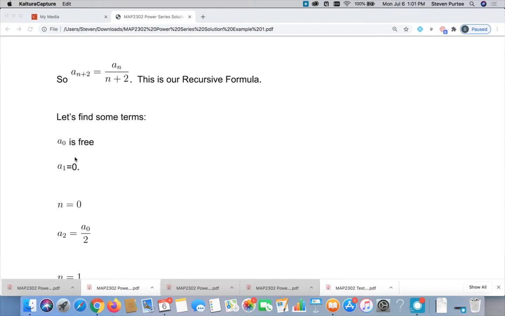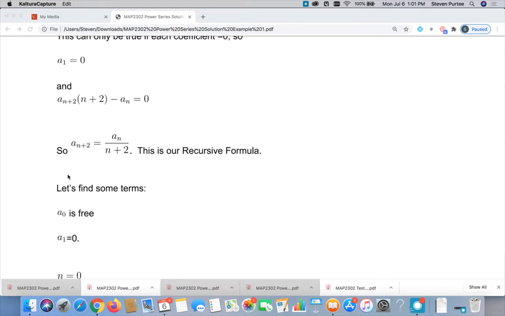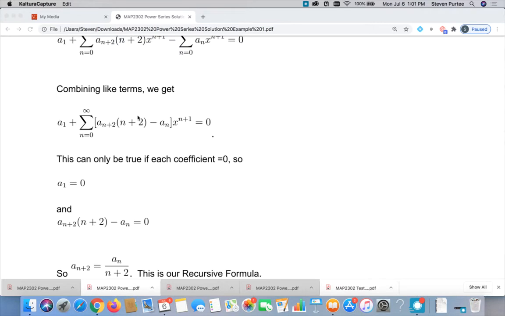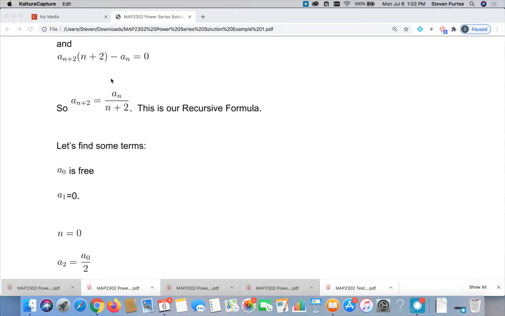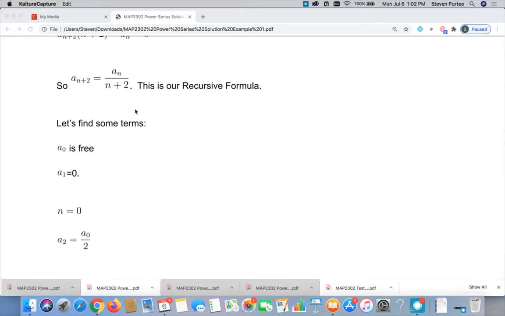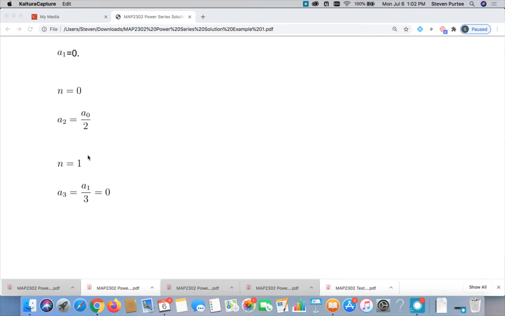So A0 is free. A1 we said had to be 0 because this whole thing must equal 0. Now we start plugging into here all our different values for n. So start at n equals 0, that would be A2 is A0 over 2.